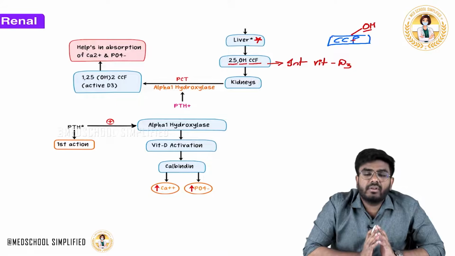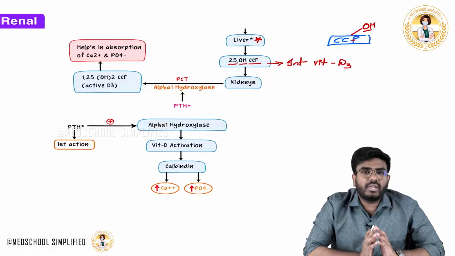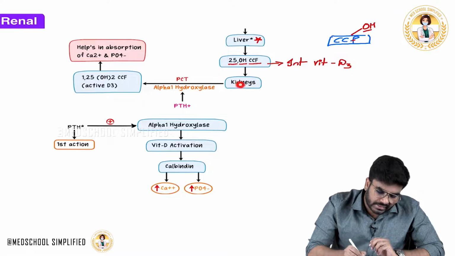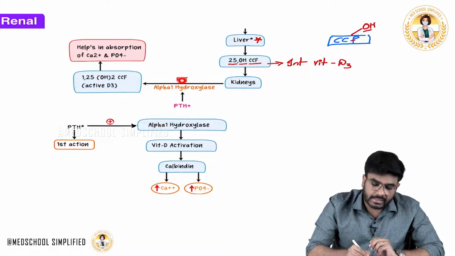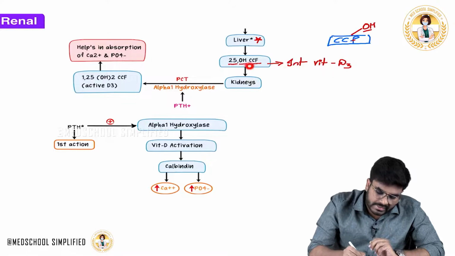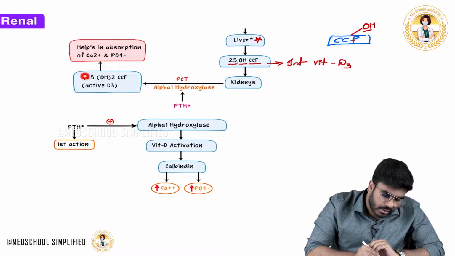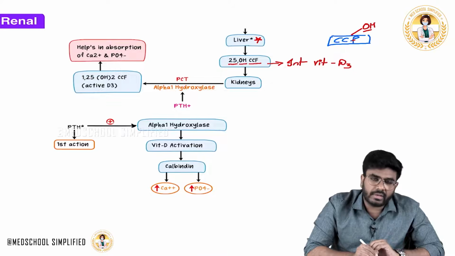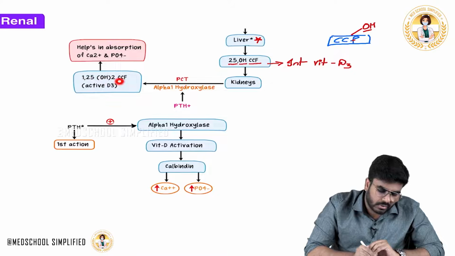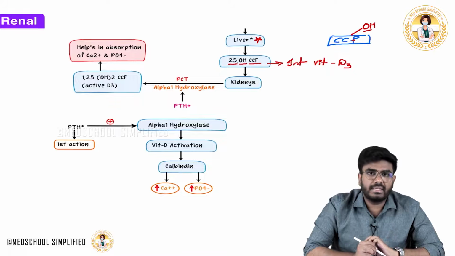Now in these proximal convoluted tubular cells, in the kidneys, in the PCT, the inactive vitamin D is getting converted into active vitamin D, or active vitamin D3, which is called 1,25-dihydroxycholecalciferol. So what exactly is happening here?